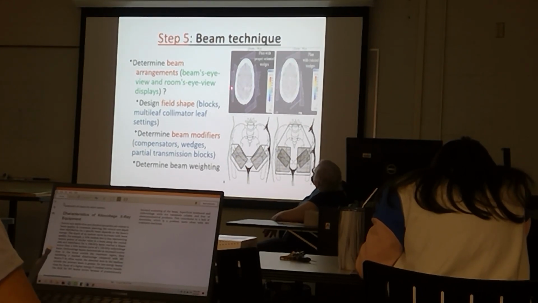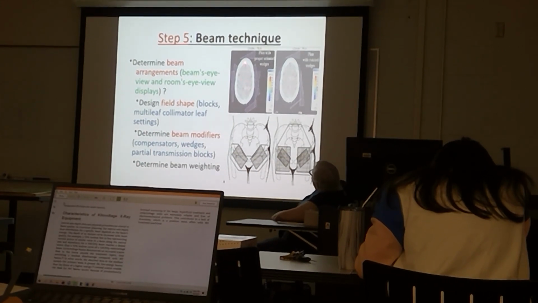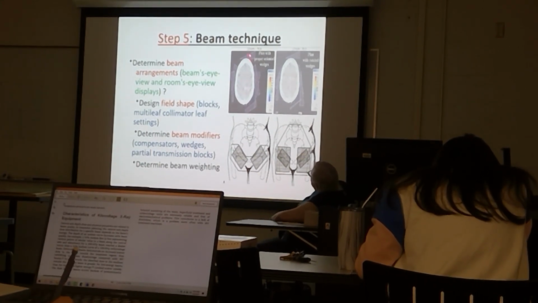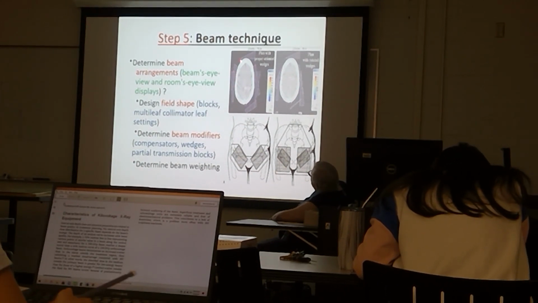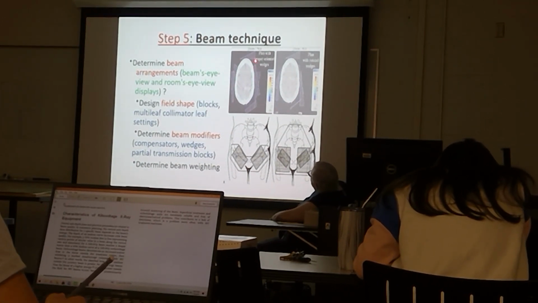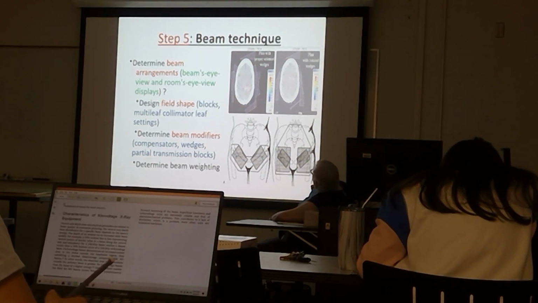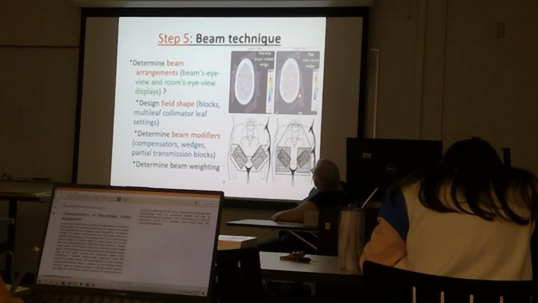So here are wedges, lots of wedges. This is one, this is one, this is two. Here's another one. It's 1, 2, 3, 4, 6 wedges on this.